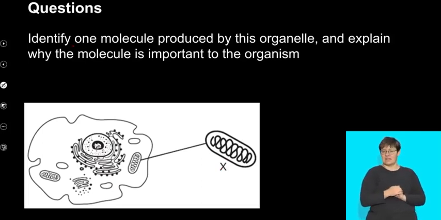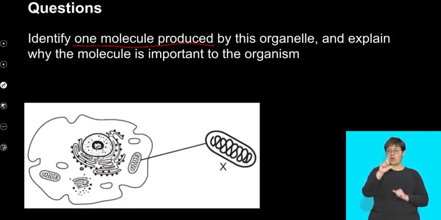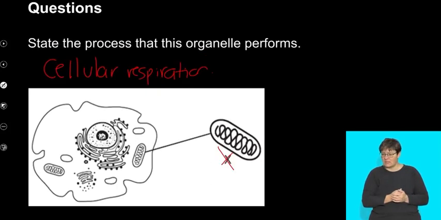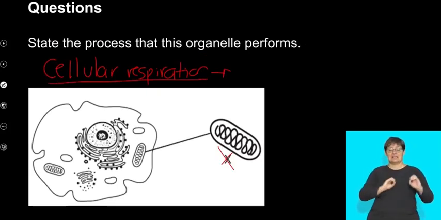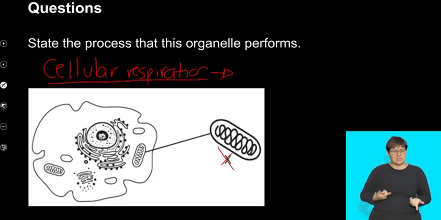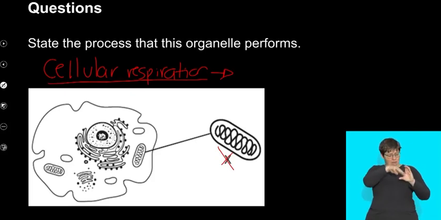Identify one molecule produced by this organelle and explain why this molecule is important to the organism. Now, we said, let's go back over here, that the process was cellular respiration. But although we haven't learned the process of cellular respiration, we've looked at the mitochondria and we know what it produces.